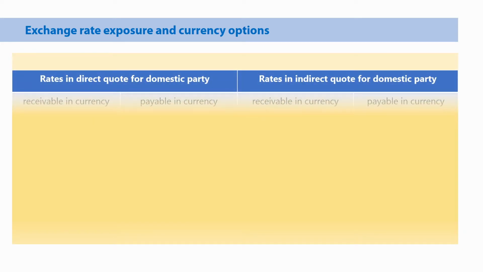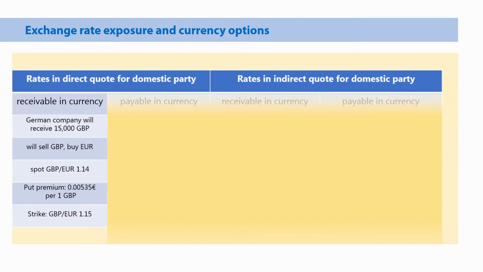First, we look at the situation where the exchange rates are direct quotes from the domestic perspective. Case 1 could be a German company with a receivable in currency. The rates are direct from a European standpoint, so the spot rate, the premium, and the strike are priced in euros for 1 pound sterling.